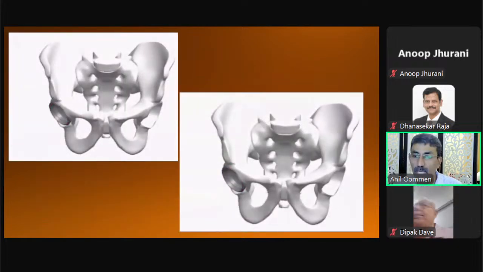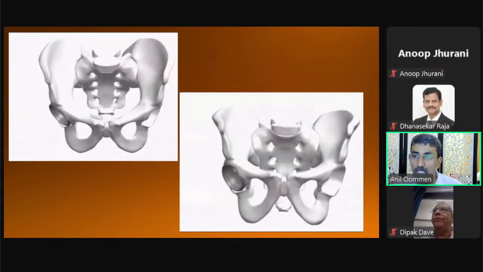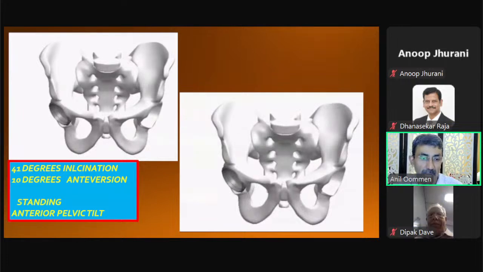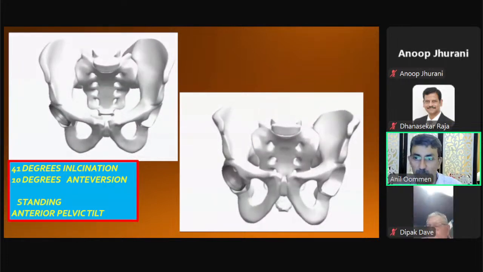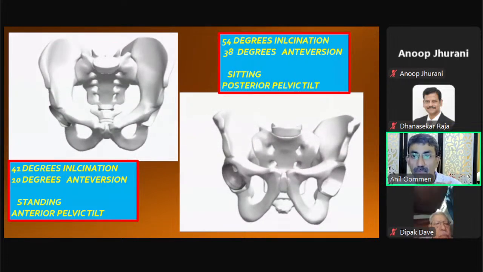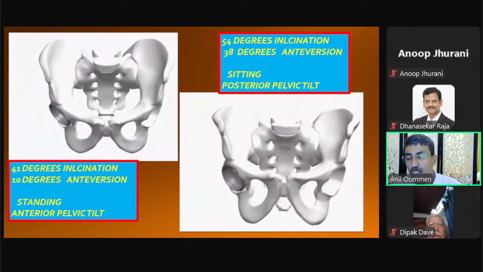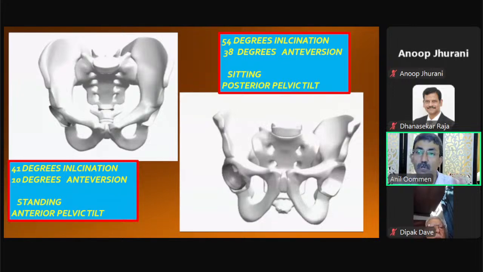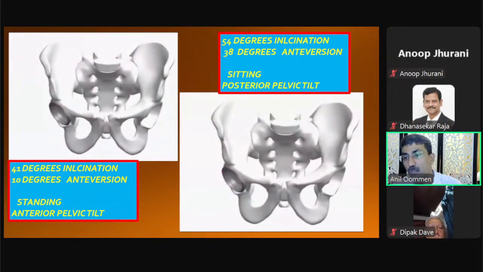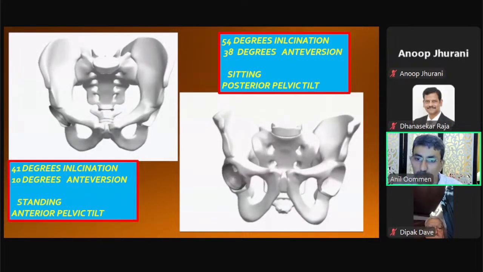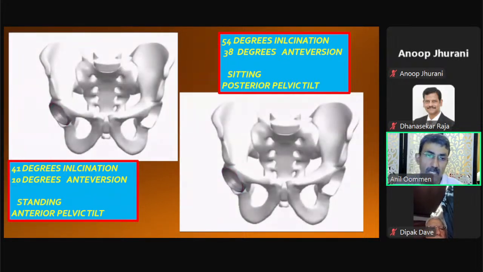Now, from sitting to standing, there is a change of almost 41 degrees inclination and 10 degrees of anteversion in the standing position, and a 54 degree inclination and a 38 degree anteversion in the sitting position. Now, this is the change that occurs from sitting to standing. So when we put in a cup at 45, it doesn't stay at 45. It goes through this change from sitting to standing.